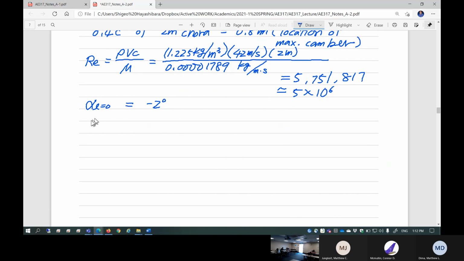And if alpha equals 8 degrees, you can get the lift coefficient CL.